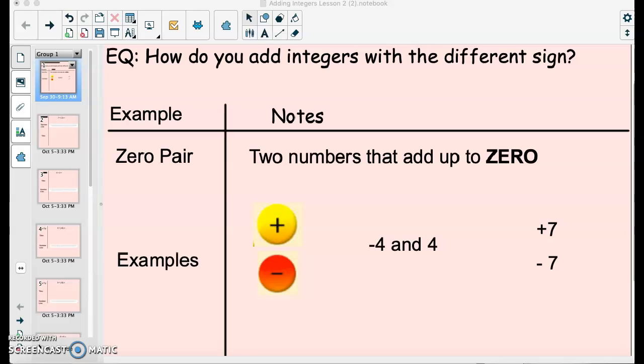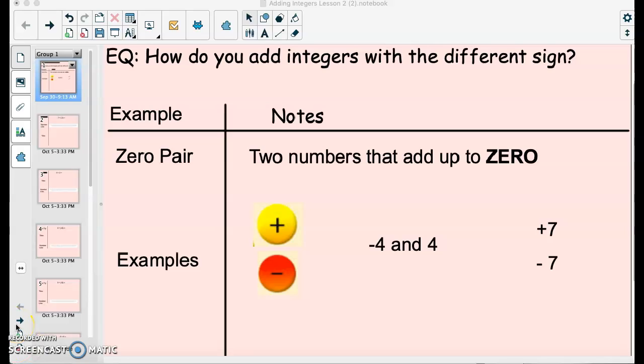So if you have -4 and +4, that will always equal 0. Both numbers have to be the same, one positive and one negative, just like +7 and -7 equal 0.